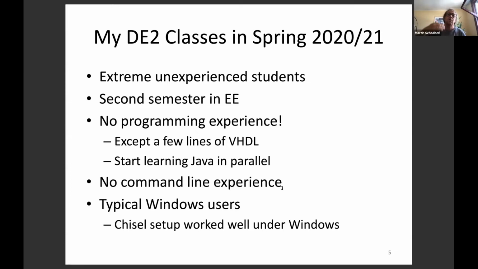So in their curriculum, the first thing they see is VHDL. Not Java, not C, it's VHDL. So they start out with VHDL in the first semester. And then in the second semester, they are having Digital Electronics 2, and also introduction to programming with Java. So they learn in parallel, writing software in Java and describing hardware in Chisel.